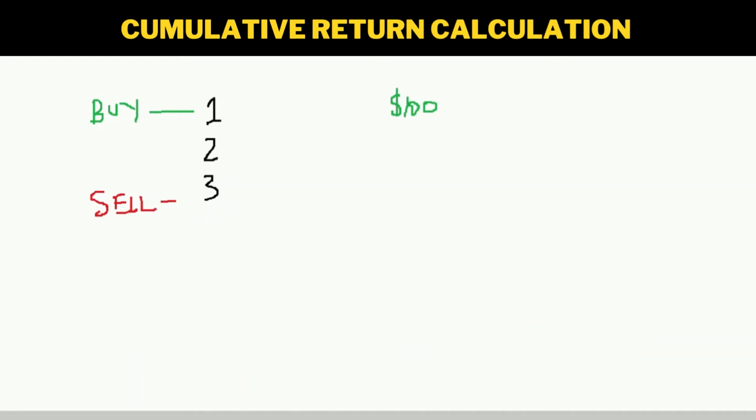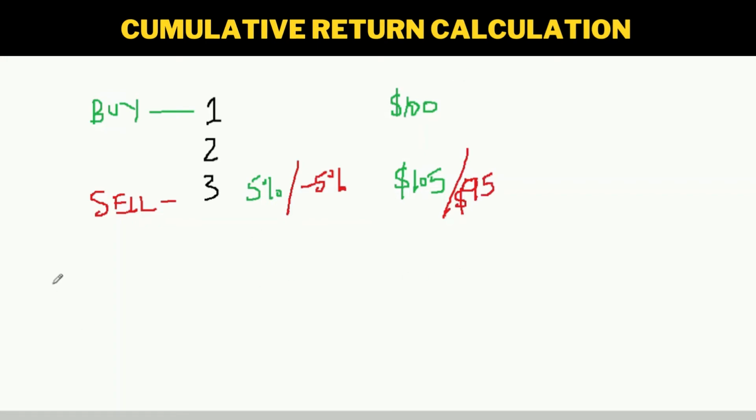Assuming we make a profit of 5% in this trade, when we sell, our balance is going to become $105. In case of a loss of 5%, our balance will become $95. This is simple mathematics.